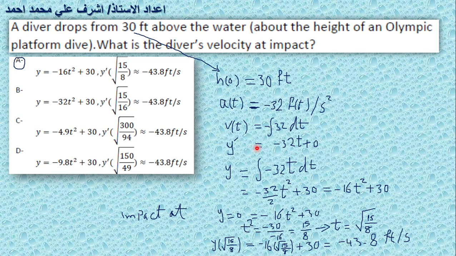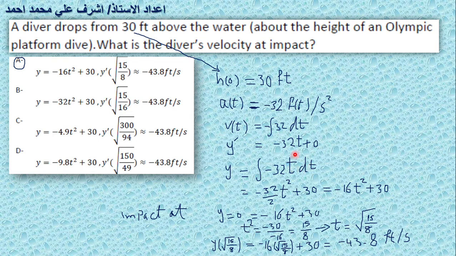We will get y prime, the v of t, equal to negative 32t plus the initial velocity. When he was up, his velocity is 0, so c here is 0. Then y equals the integral of y prime dt, the integral of negative 32t dt.